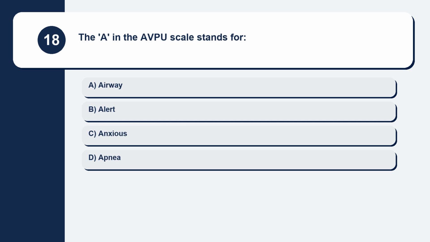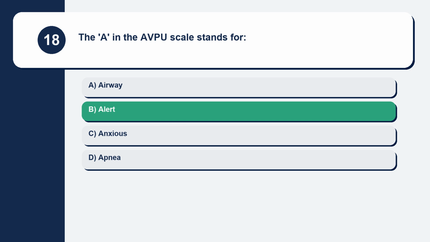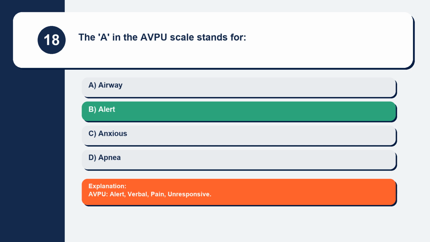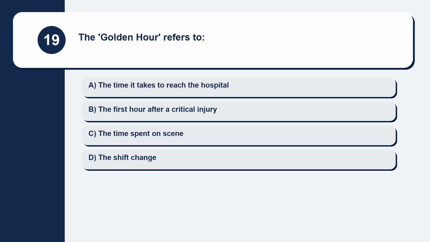Question 18. The A in the AVPU scale stands for: airway, alert, anxious, dyspnea. AVPU: alert, verbal, pain, unresponsive. Question 19. The golden hour refers to: the time it takes to reach the hospital, the first hour after a critical injury, the time spent on scene.